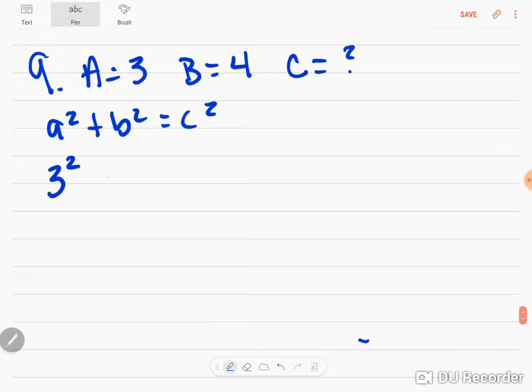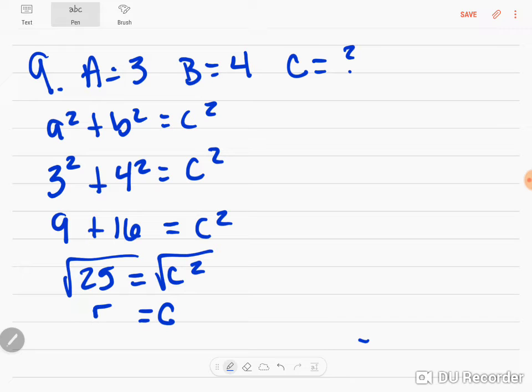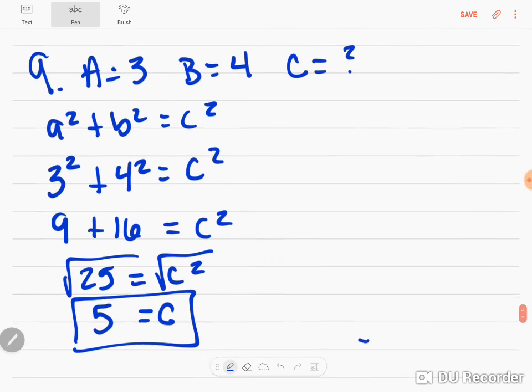A is 3, B is 4, and C is we don't know. 3 squared is 9 plus 16 is equal to C squared. 25 is equal to C squared. Now we need to take the square root of both sides. When I do, C is equal to 5. I'm sorry, I moved up kind of fast.